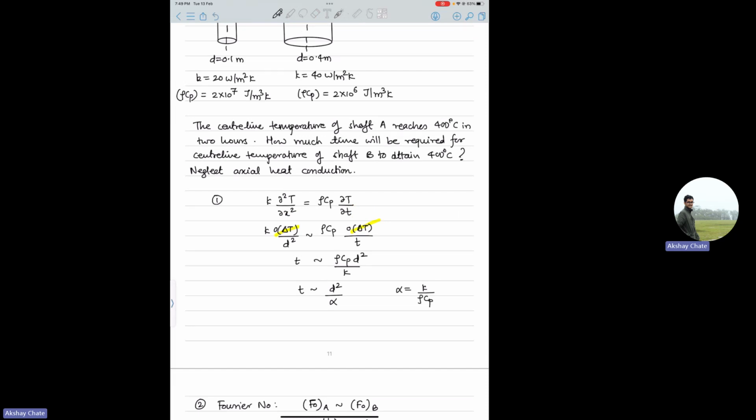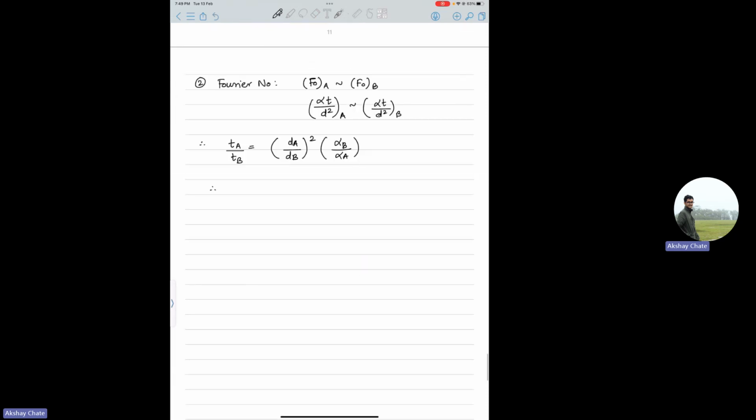A reaches 400 in 2 hours. So TA is 2 hours, TB is unknown. The diameter of A is 4.4 and the diameter of B is 0.1.